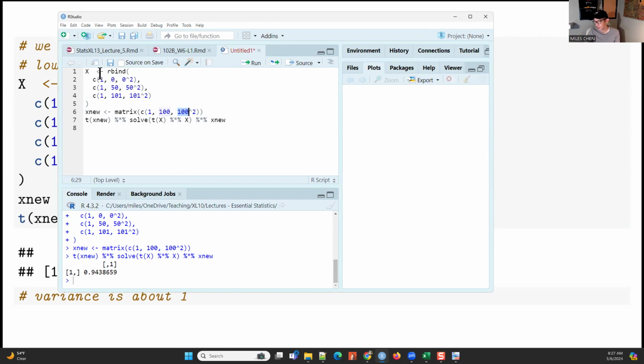These 3 points kind of anchor wherever this quadratic line is going to end up being, okay? Now, if I expand out to say 1000, we're going to have a huge amount of variance, because as we extrapolate to somewhere far away, it gets wildly different.